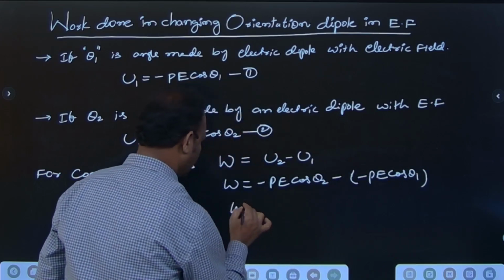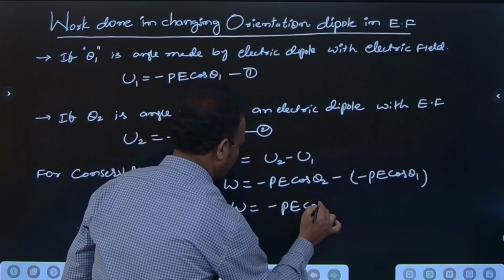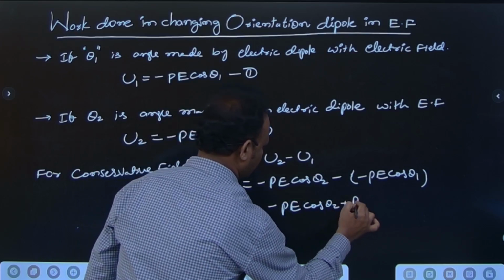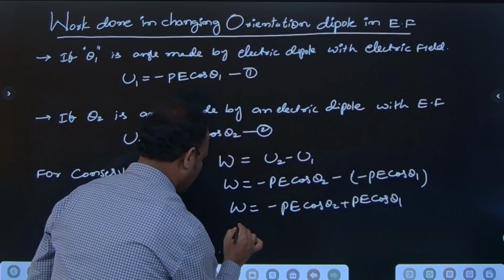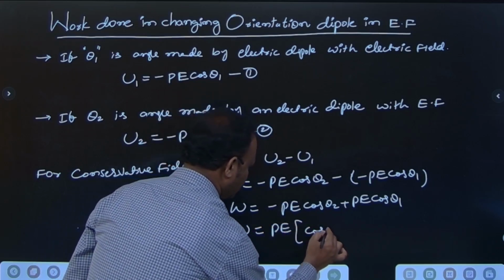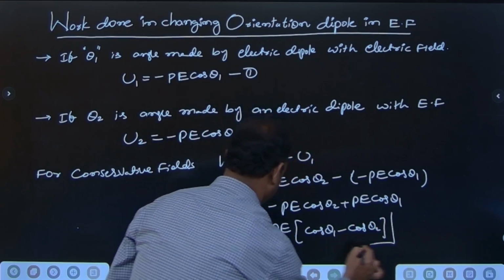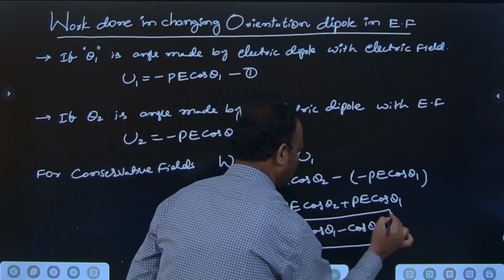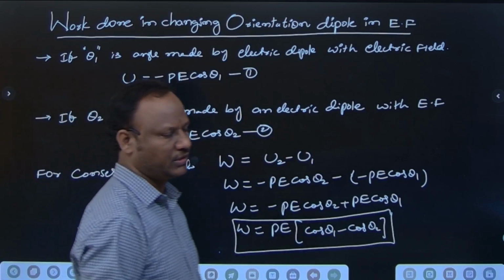So W is equal to minus pE cos theta 2 plus pE cos theta 1. So W is equal to pE times cos theta 1 minus cos theta 2, which is the work done while changing the orientation from theta 1 to theta 2.